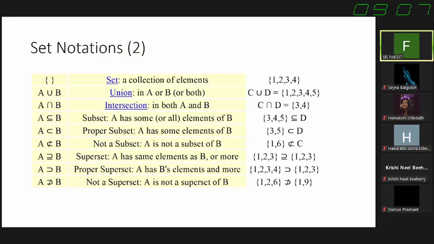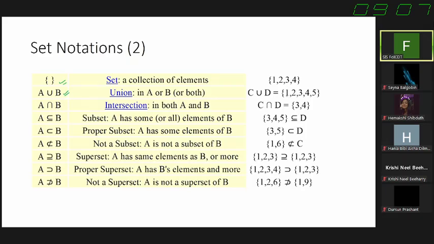Okay, so the second list of notations. The previous one were basic notations, so I'm pretty sure you know all of them. So a collection of elements. This is union, right? So you have a little example here.